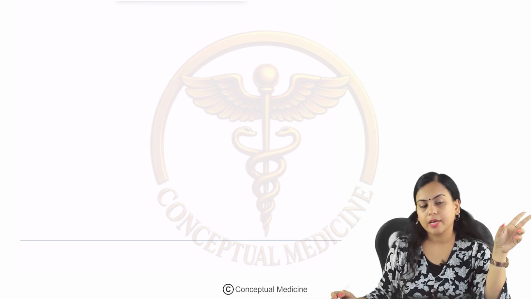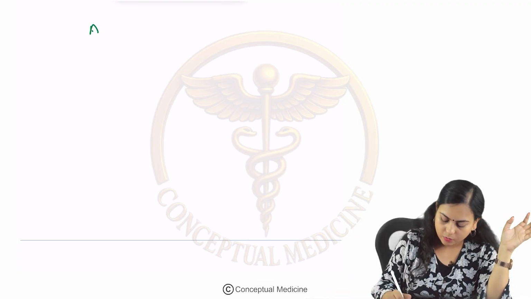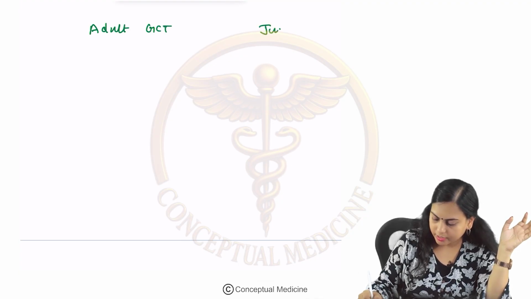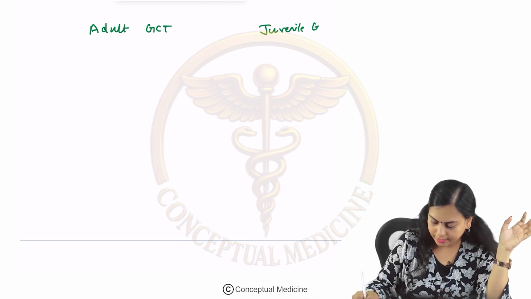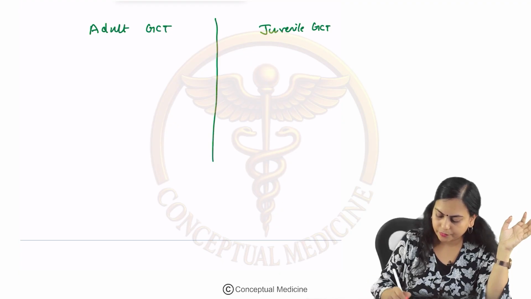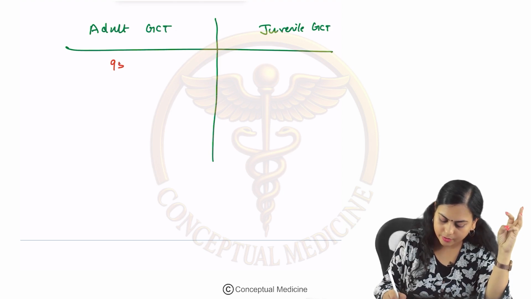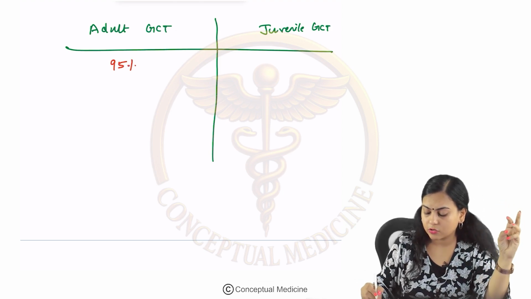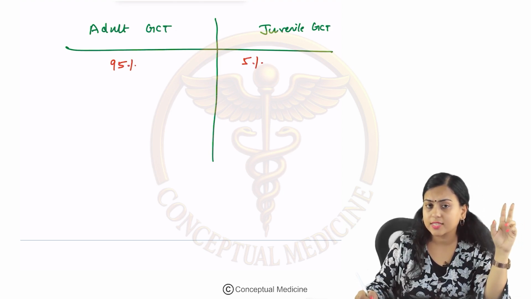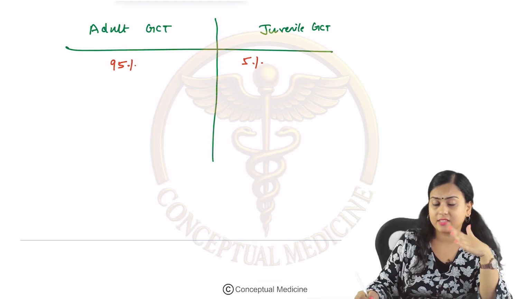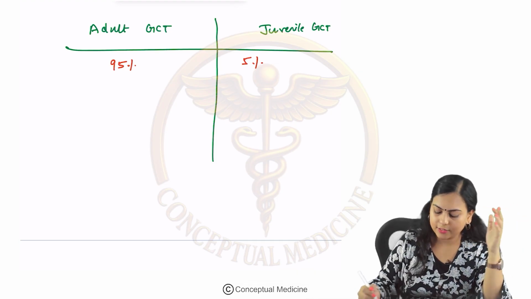You have two subtypes of granulosa cell tumor. One is adult granulosa cell tumor, and the next one is juvenile granulosa cell tumor. Okay. So, adult granulosa cell tumors constitute about 95% of the cases, whereas juvenile granulosa cell tumors constitute about 5% of the cases, which occurs in the first 3 decades, that is juvenile granulosa cell tumor.